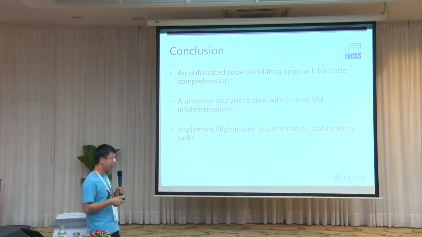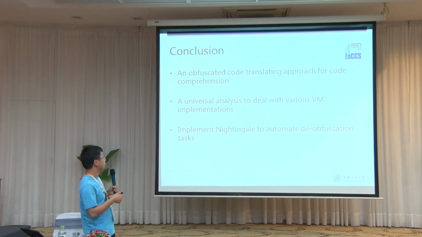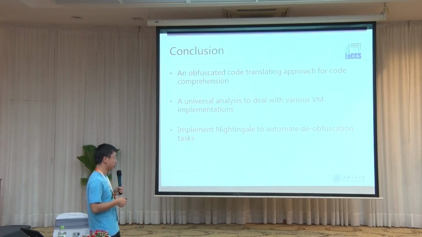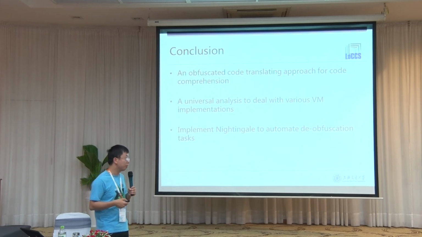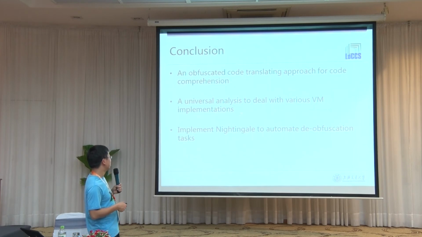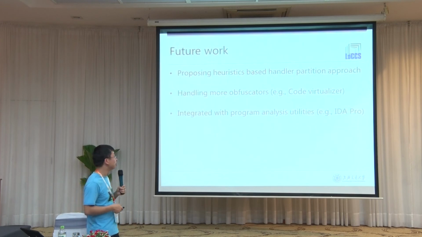The analysis approach, implemented using our Nightingale system, can be seen as a universal analysis to deal with various VM implementations because we capture the common features of different VM instances. And we also implement these tools to automate the deobfuscation task to test our system with different kinds of VM.